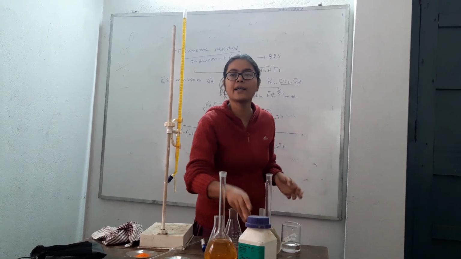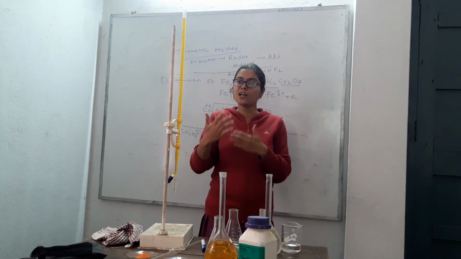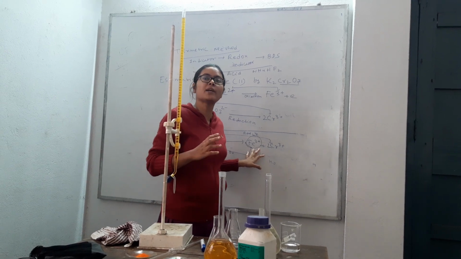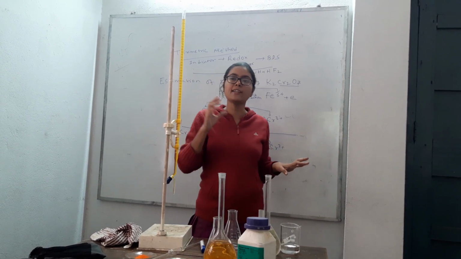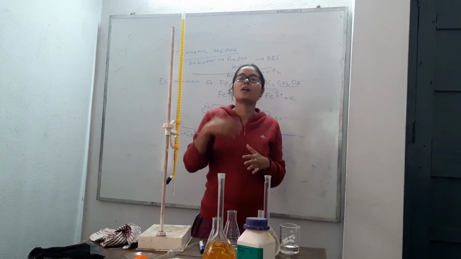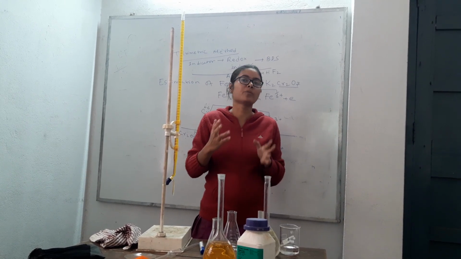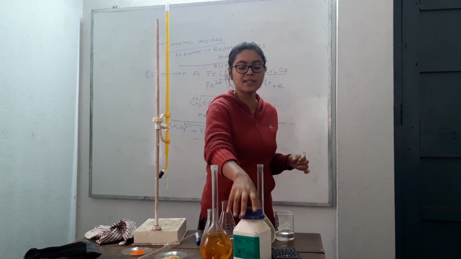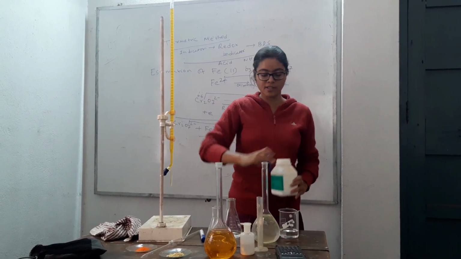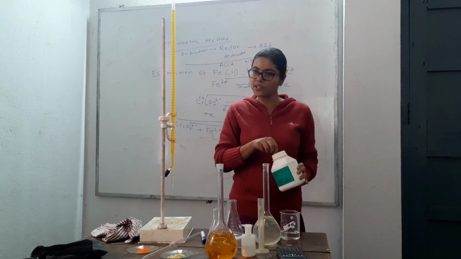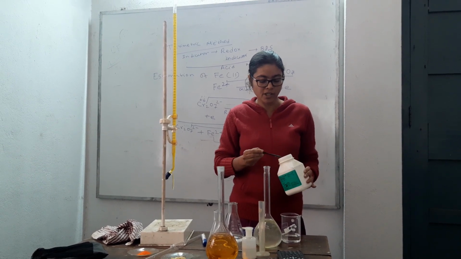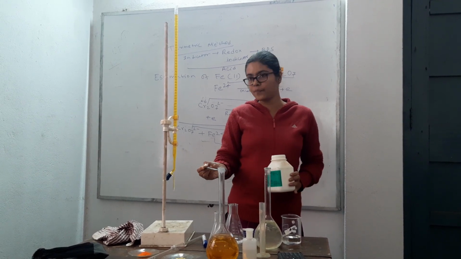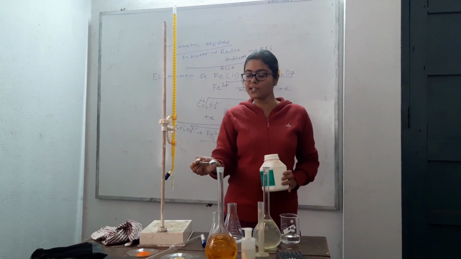Then, as I have said, when the reaction progresses, iron 3 plus is generated, and iron 3 plus has a yellow color, which may interfere with the color change of the indicator. To mask this color for a proper endpoint, we add approximately 1 gram of ammonium bifluoride. You can see it is a white crystalline solid.